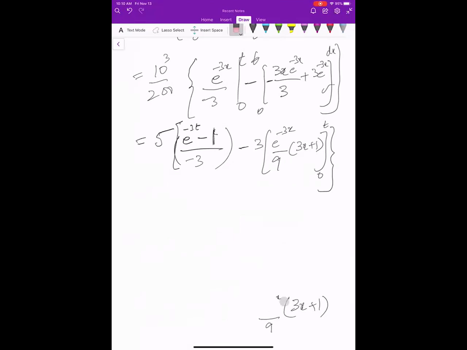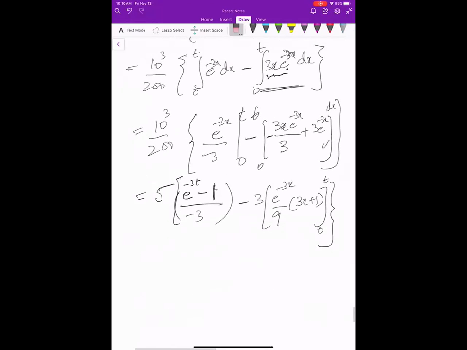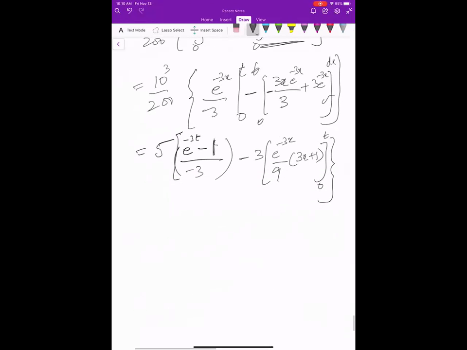But you should know this integration, how to do this integration, because that's important to solve your current here. So when you solve this, putting the values in, that should become this.